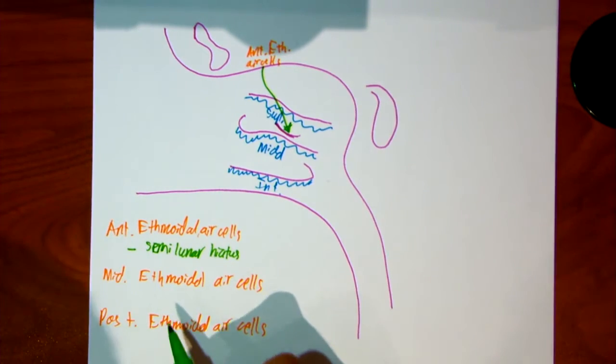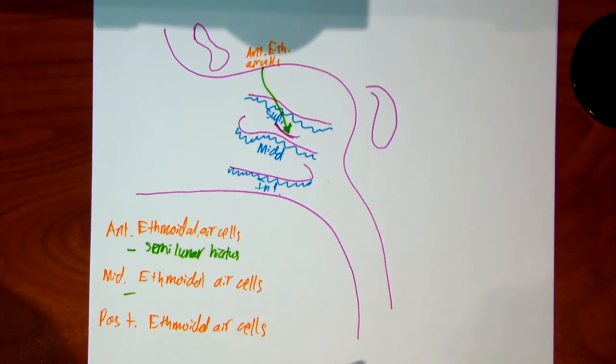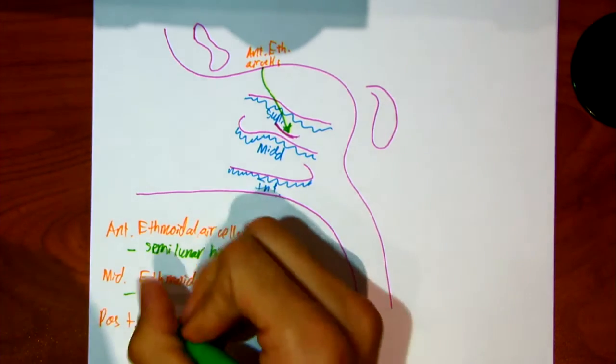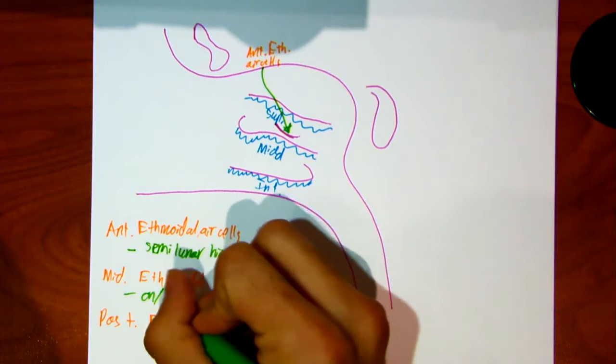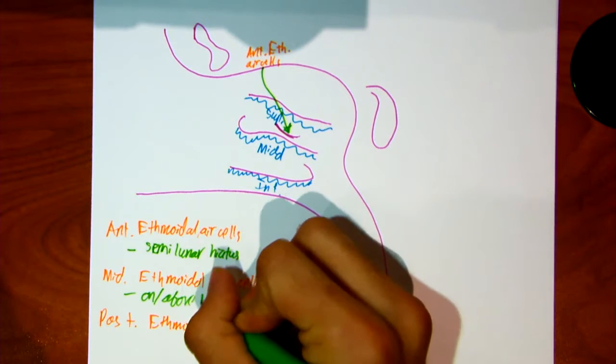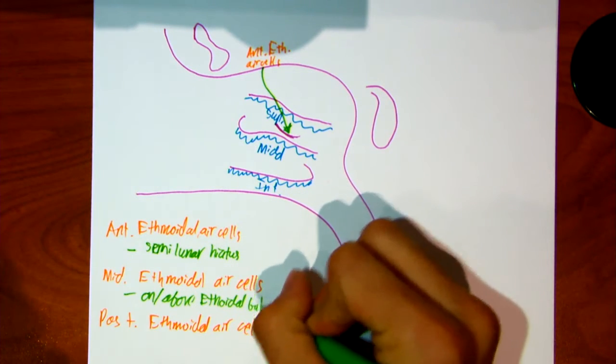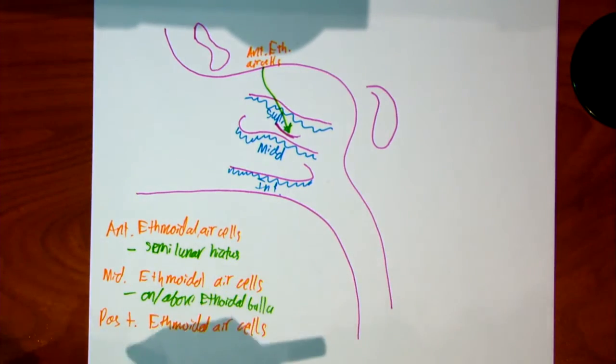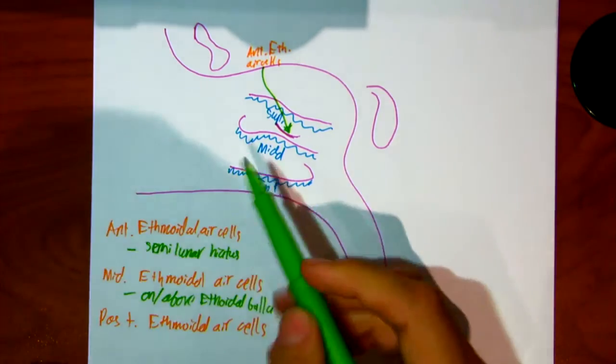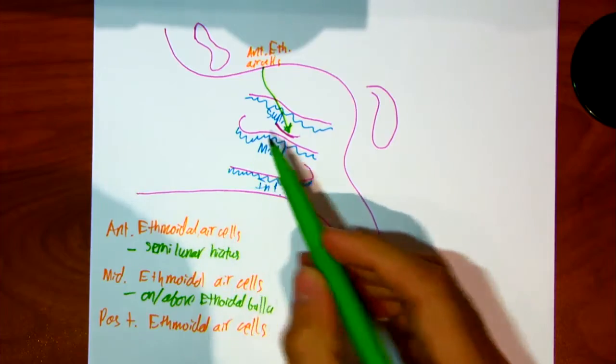The middle ethmoidal air cells drain into what? Yeah, they drain on or above the ethmoidal bulla. You can't actually see the ethmoidal bulla from this angle. The ethmoidal bulla is located underneath the middle nasal concha.